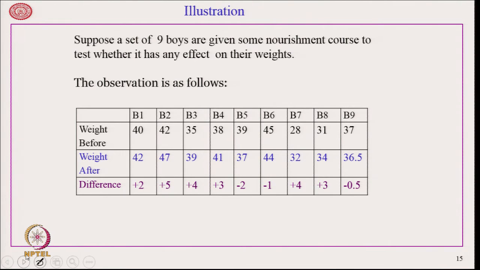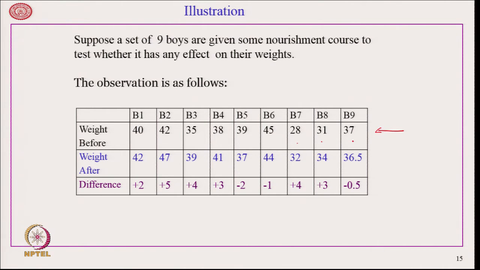So, suppose there are 9 boys who are given some nourishment, and suppose their weights before the course are 40, 42, 35, 38, 39, 45, 28, 31 and 37.